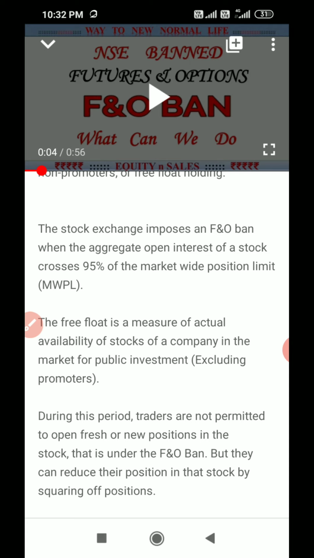So during this period, traders are not permitted to open a new position. If the market imposes a ban, no one can take a new position. The only thing they can do is square off whatever positions they are already holding. If someone tries to open a new position, they have to pay a penalty. It is equal to 1% of the increased position, with a maximum limit of up to 1 lakh rupees.